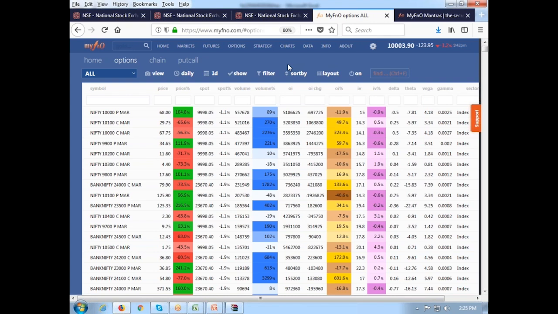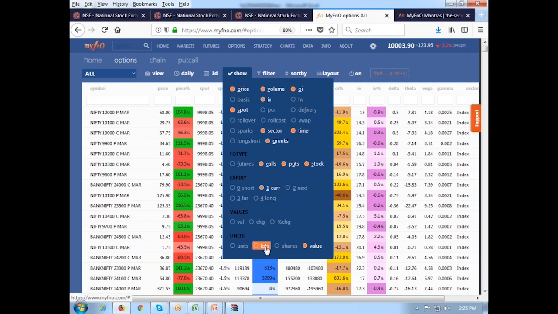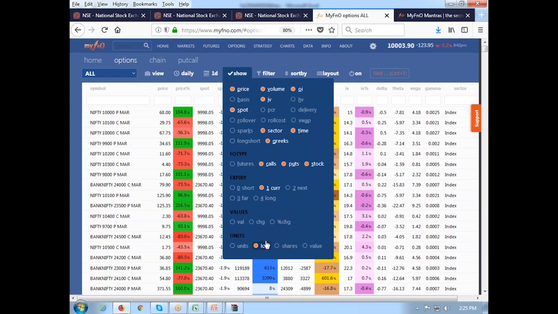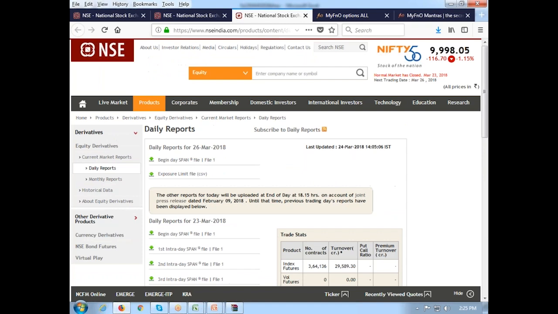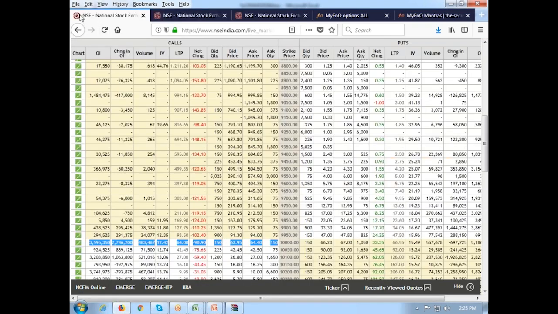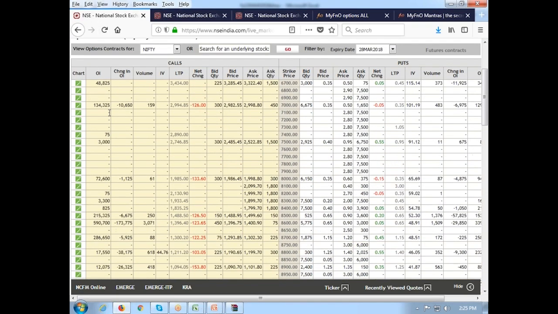The first thing that I do once I come to this table is I go to show and turn it into lots. When I'm turning it to lots, remember, NSE provides open interest in shares format, that is 75 means one lot.